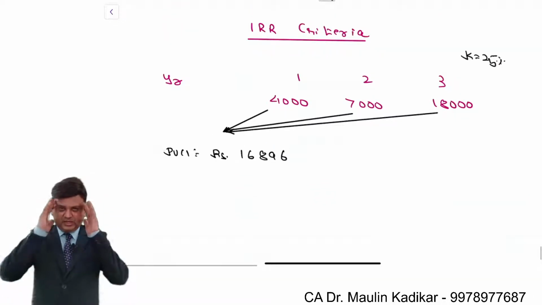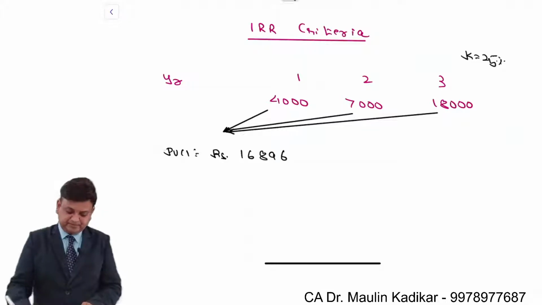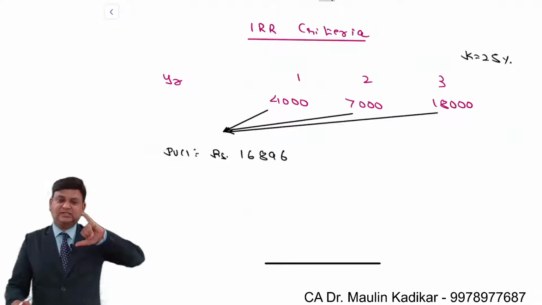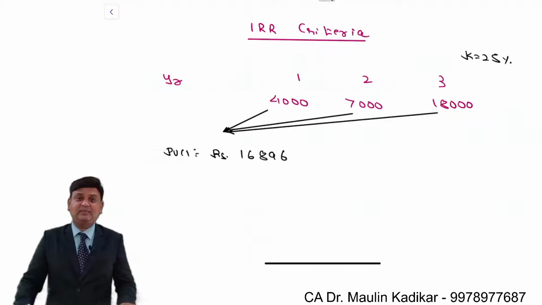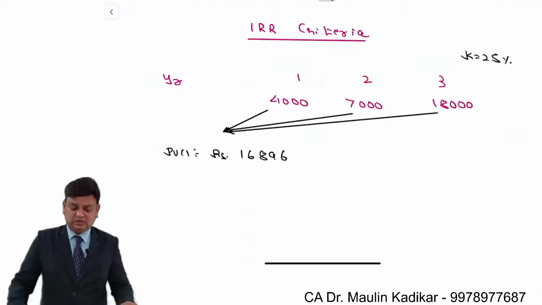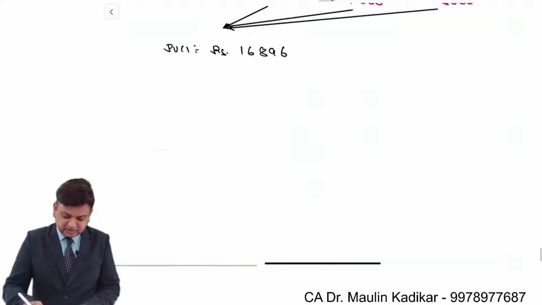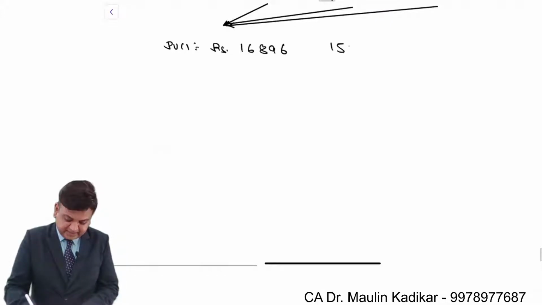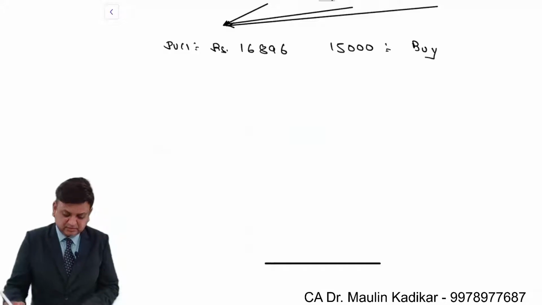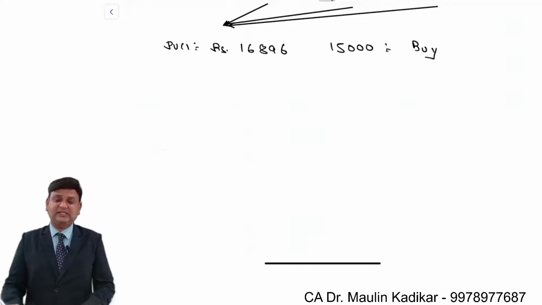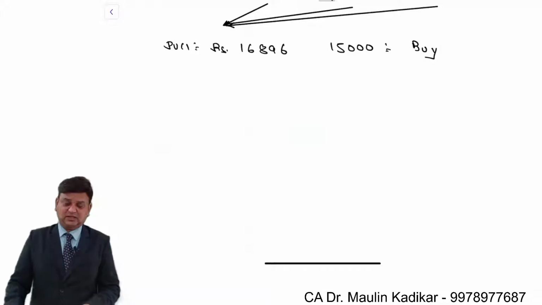We understand logically that $16,896 is the maximum investment that I can make in the machinery. So if the actual purchase price of the machinery is 15,000, then we will decide that we should buy the machinery, because 15,000 is less than 16,896.